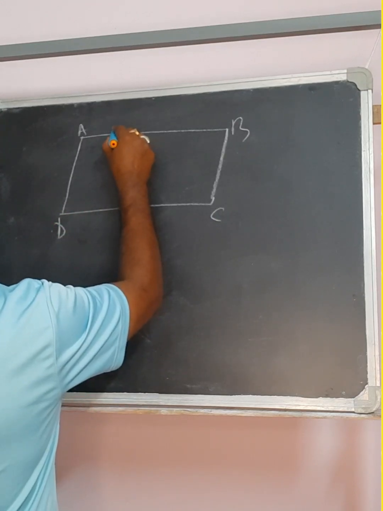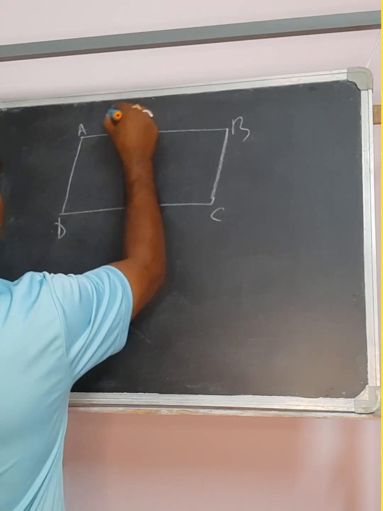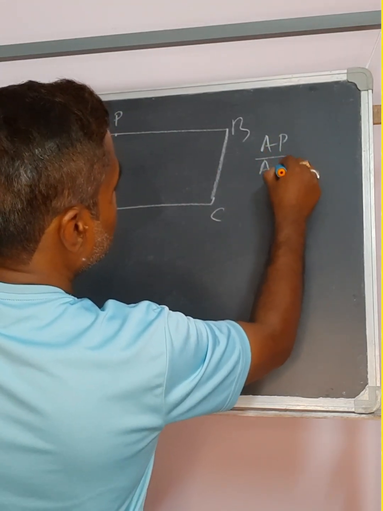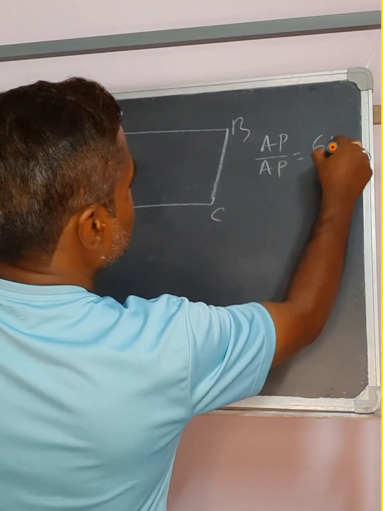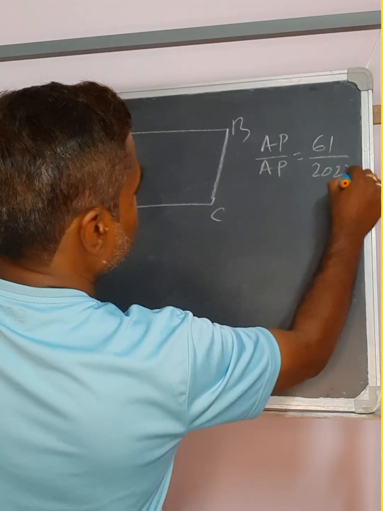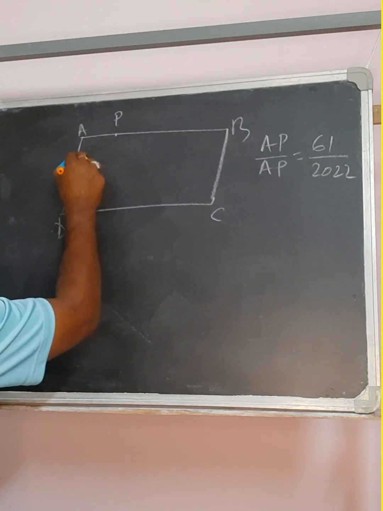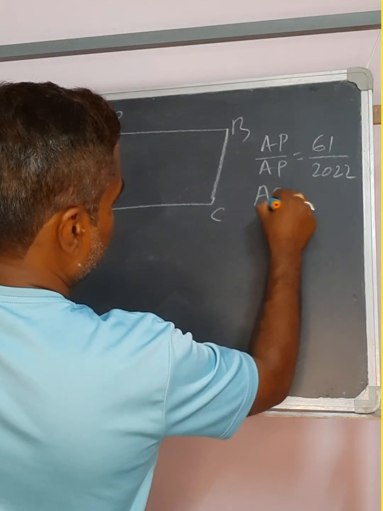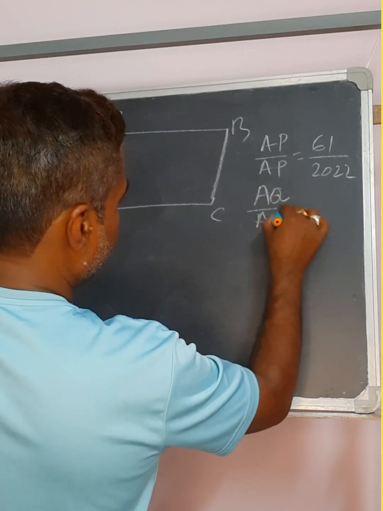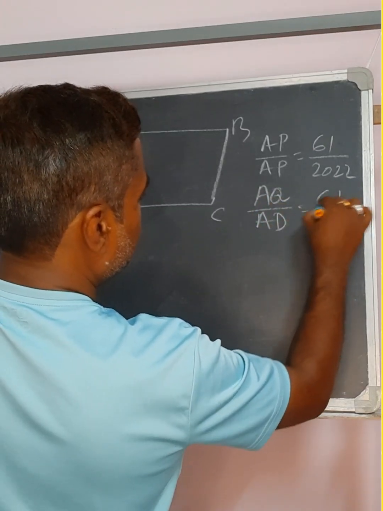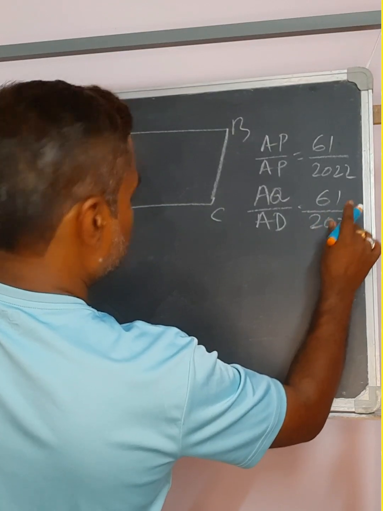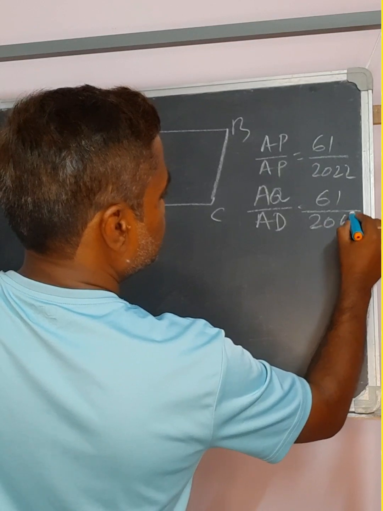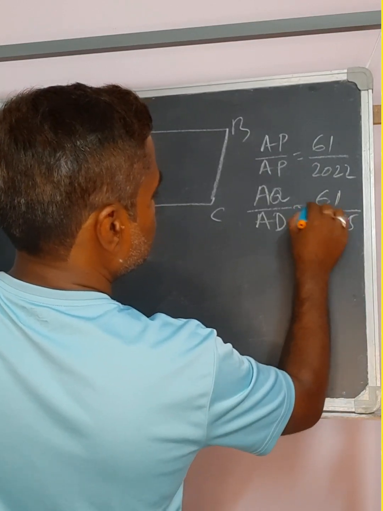One point P on AB is taken in such a way that AP is to AB is equal to 61 upon 2022. Another point Q is taken on AD such that AQ by AD is equal to 61 upon 2065. These are the ratios given.